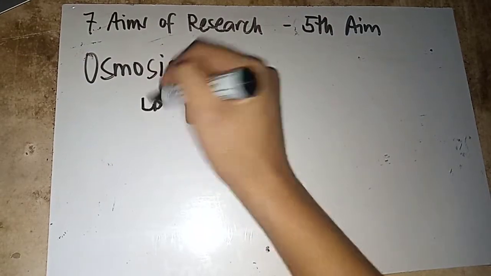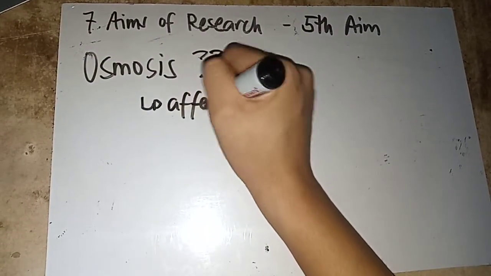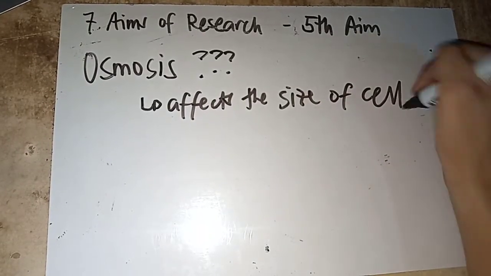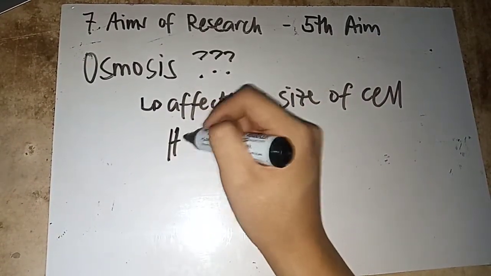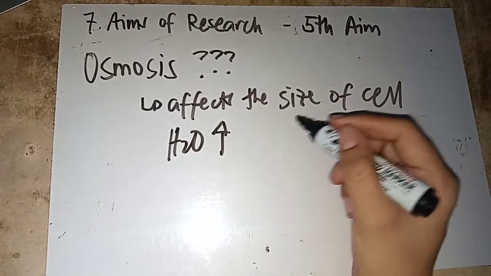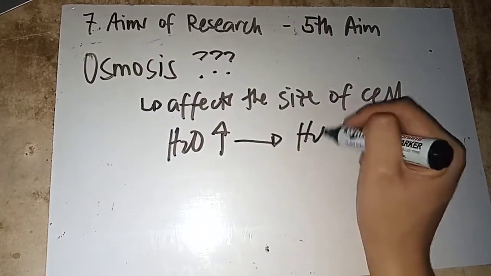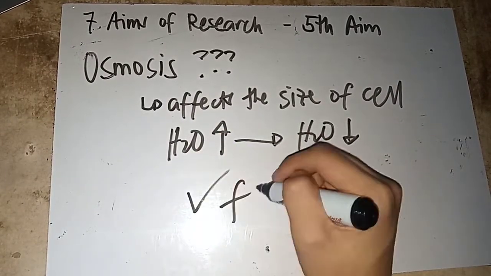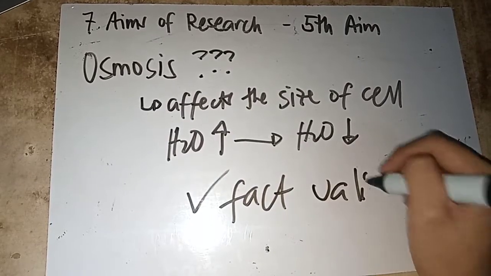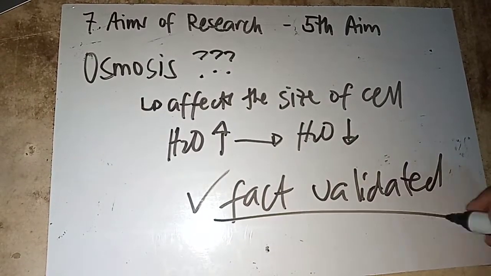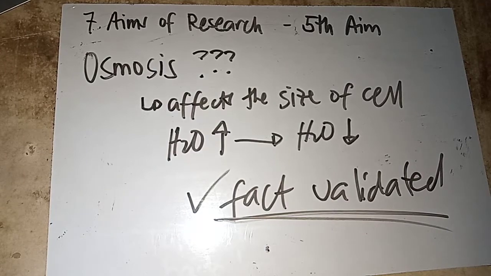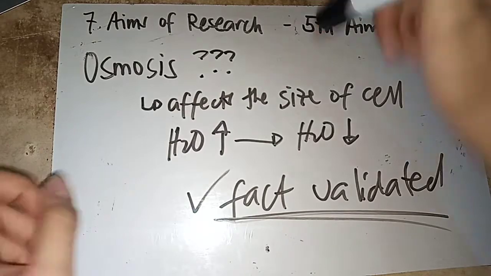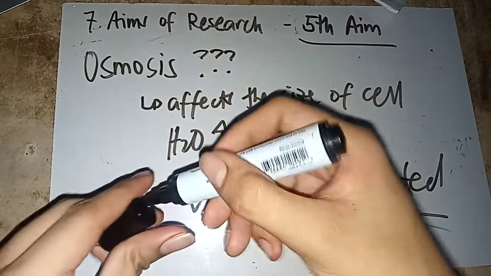Osmosis said that it affects the size of the cell, and also that water with higher concentration will move to water with lower concentration. So it is a fact. It is validated. With the illustrations of osmosis, we can determine now the fifth aim of research.